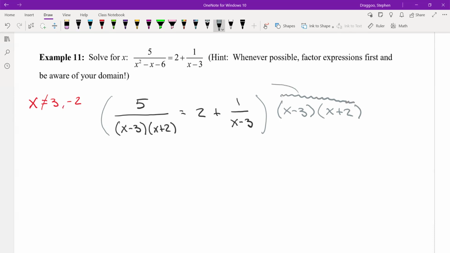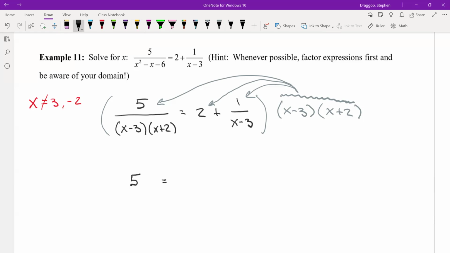So this whole bit goes here, and here, and here. Multiplying it all into the left side, the whole denominator reduces, and I just get 5. Multiplying it into that 2, well, I'll have 2 times x squared minus x minus 6.